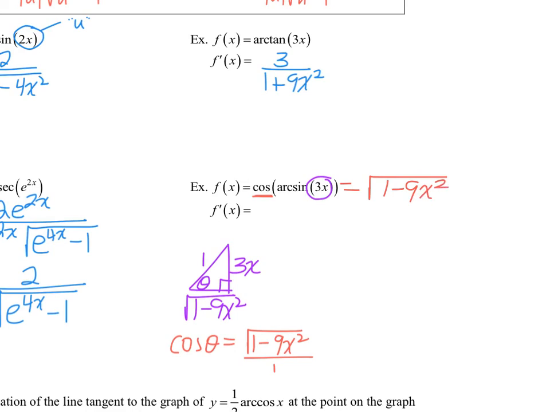And then using ordinary chain rule, we could find the derivative of this. Right? So, you know, it's 1 minus 9x squared to the 1/2 power, so 1/2 times 1 minus 9x squared to the negative 1/2 times the derivative on the inside, which would be negative 18x.